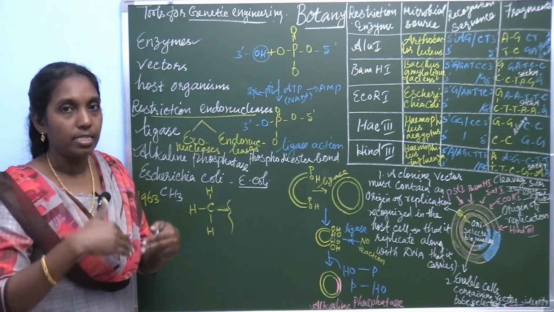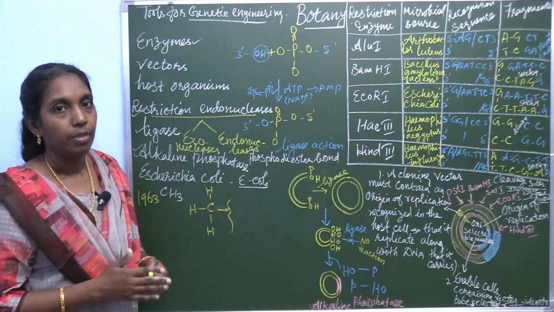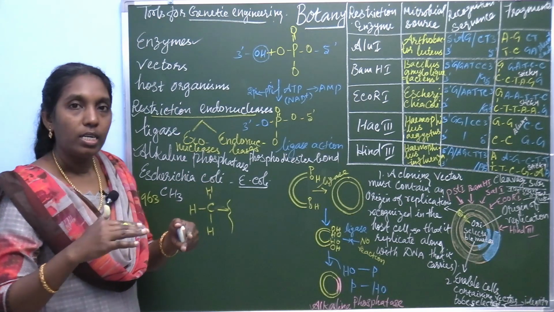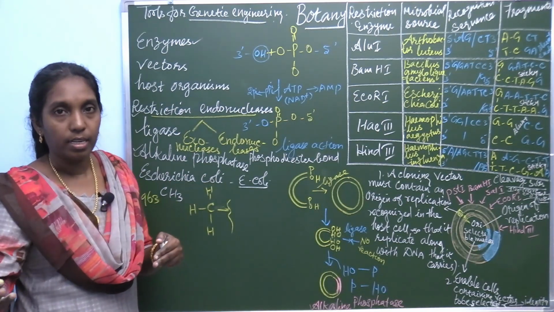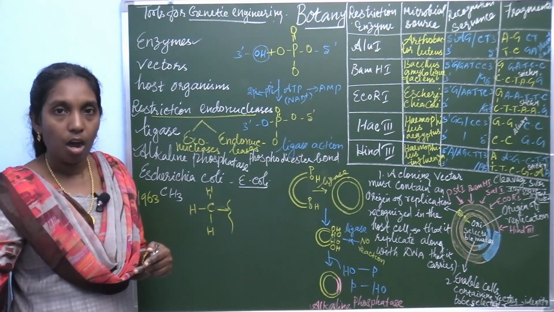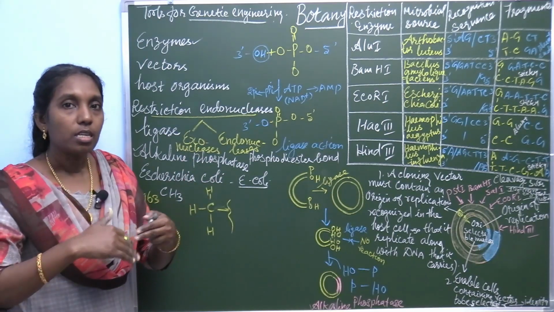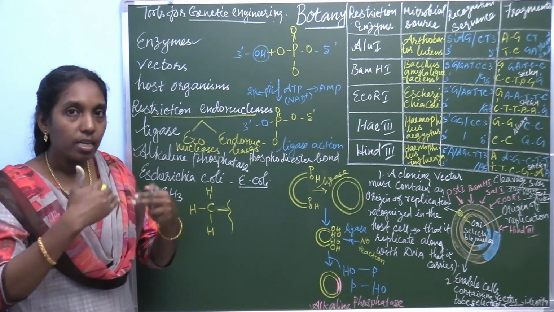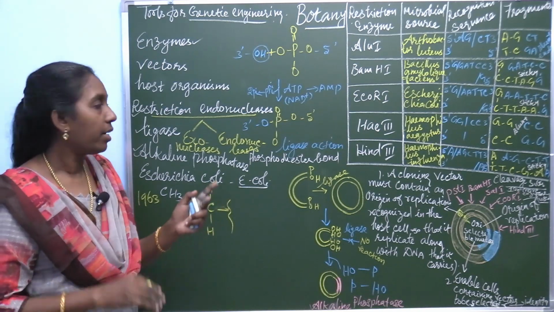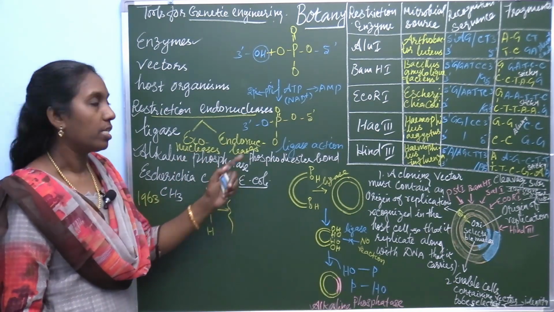Endo means inside, so within the nucleotide sequences it cuts. So there are two restriction enzymes: exonucleases, which cut at the outside end of the sequence, and endonucleases, which cut the DNA sequence internally. Based on the mode, they are classified into these two types.